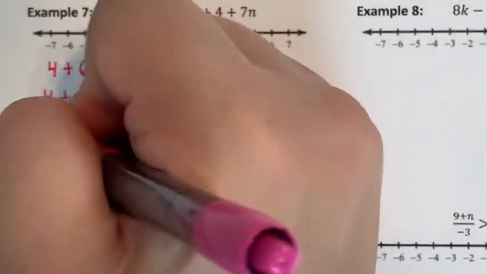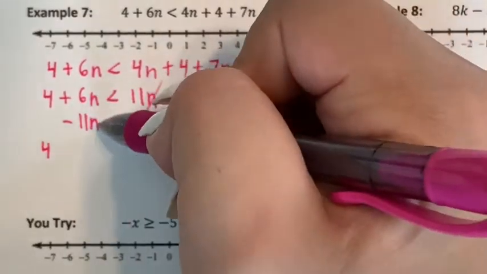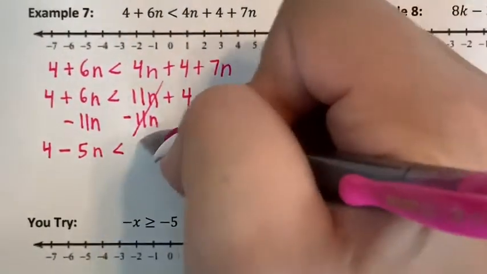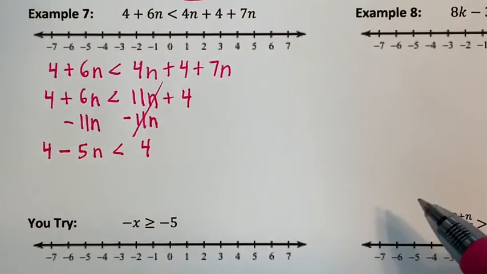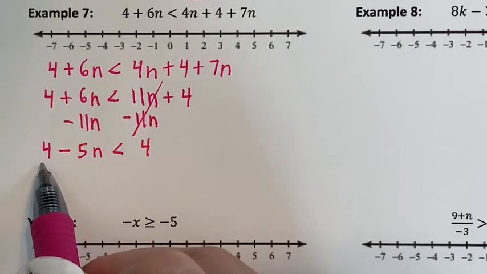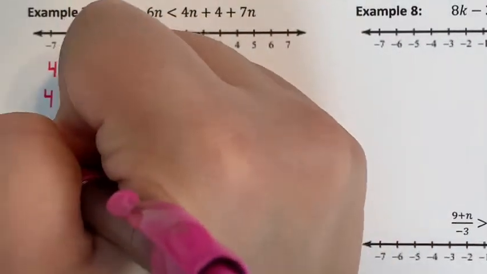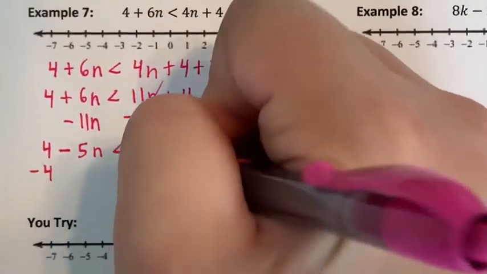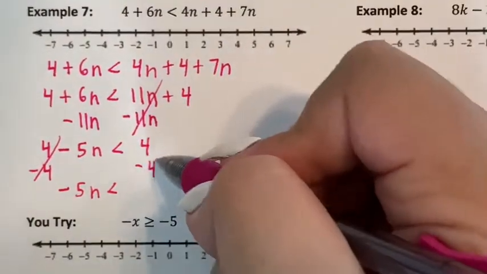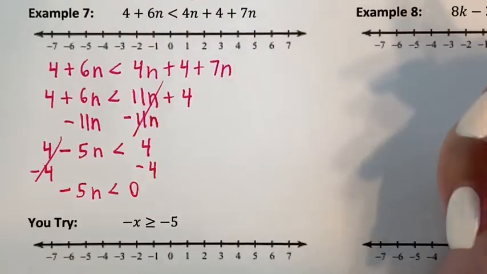So now on this side, I have 4, 6n minus 11n gives me negative 5n, and I'm left with a 4 over here. Now I need to get my constants on the same side. If I want to move this positive 4 over to the other side, I need to subtract 4 from both sides. So now I have negative 5n is less than 4 minus 4, which is 0.